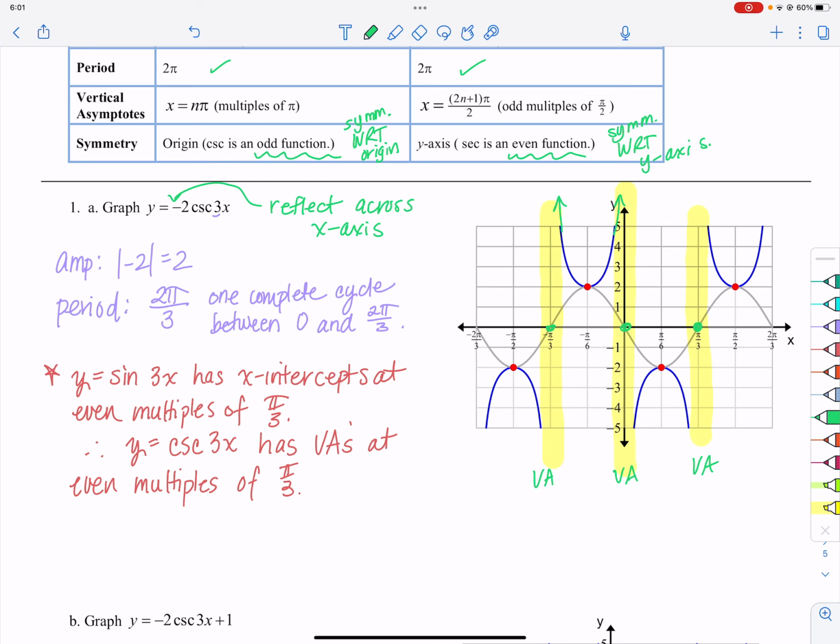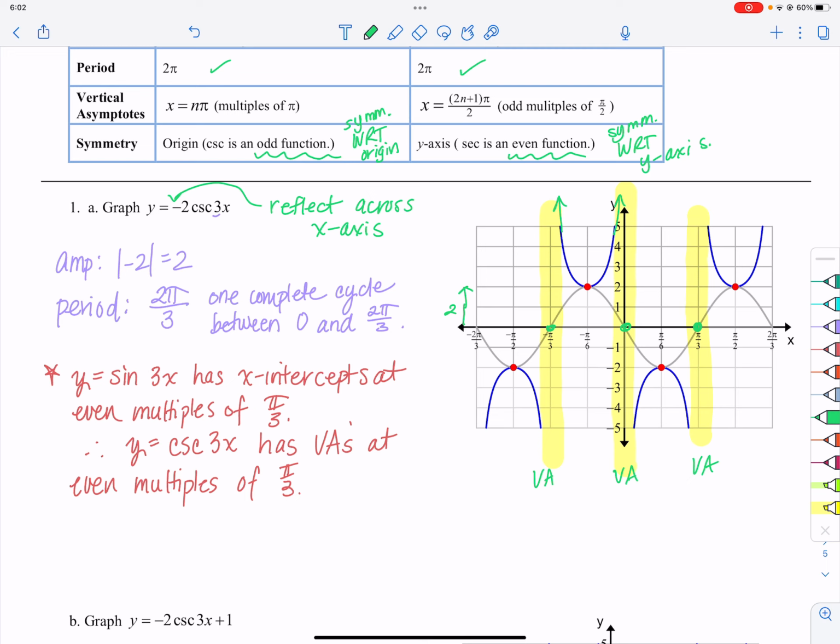You can see the amplitude of 2 here. And you can see one complete cycle between 0 and 2 pi over 3. There's one complete cycle.